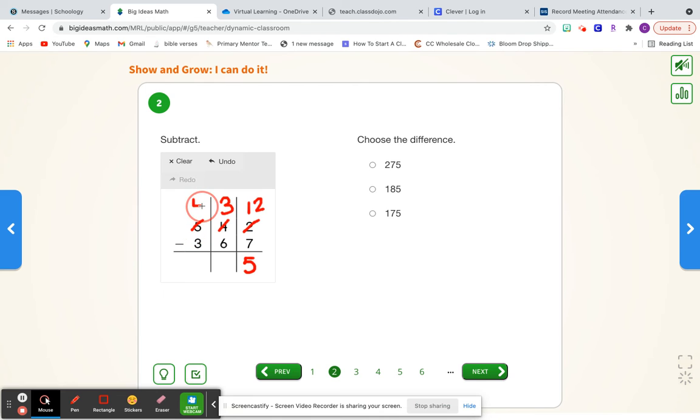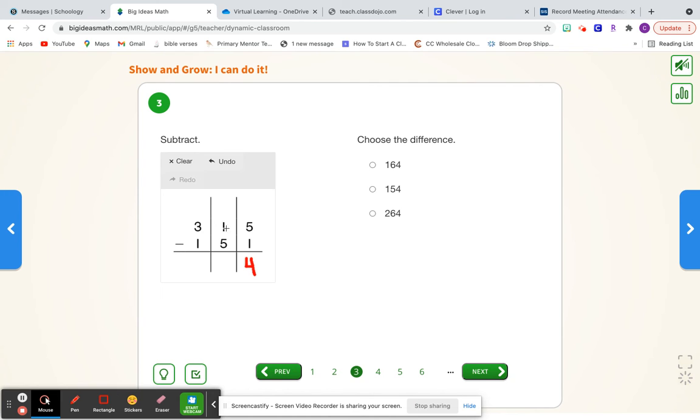We've got to borrow 1. 10 plus 3, 13 tens. So 13 minus 6 is 7. And then 4 minus 3 is 1. All right, here we have 5 minus 1. We do not have to regroup here because we have more on the top. So 5 minus 1 is 4.